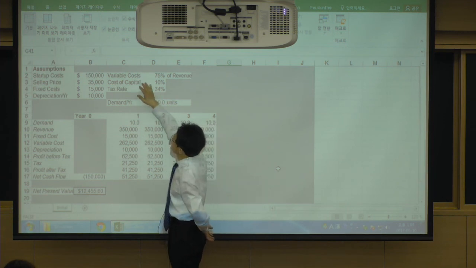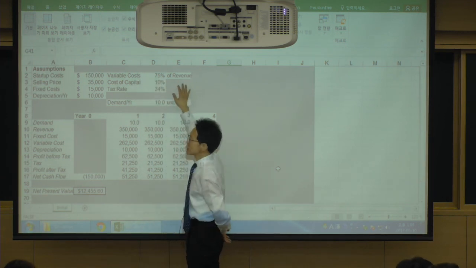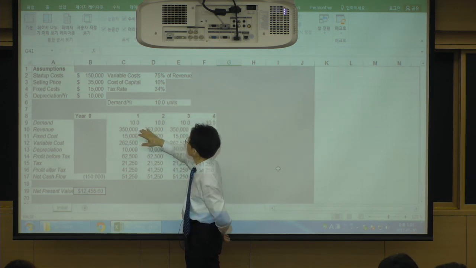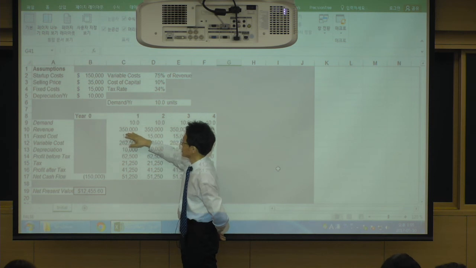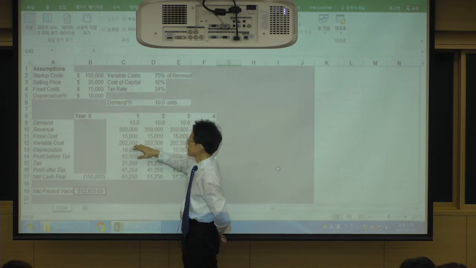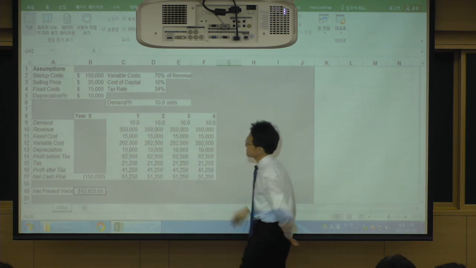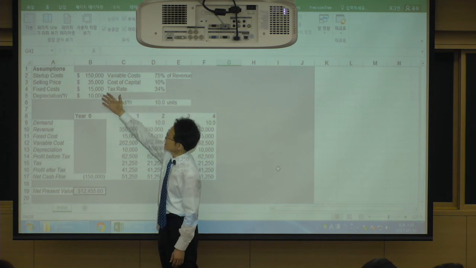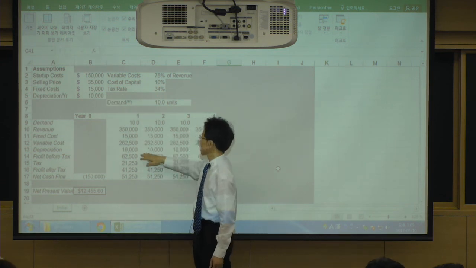It was said that variable cost is 75% of the revenue, so you multiply 0.75 by 350,000 and you get 262,500. So we have the variable cost. Then we also need to take into account this depreciation, 10,000.